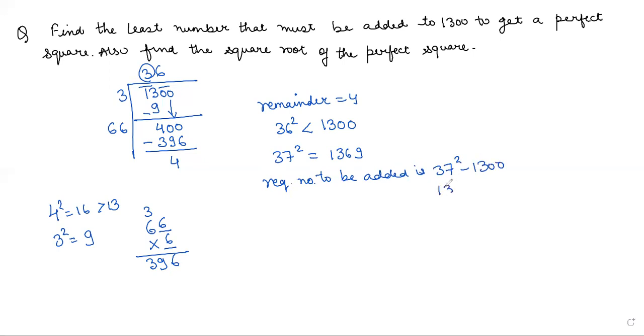So 37 square is 1369, minus 1300 is 69. So 69 should be added. And the square root of 1369, which is a perfect square, is 37.